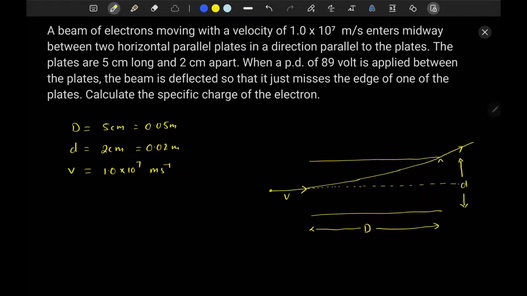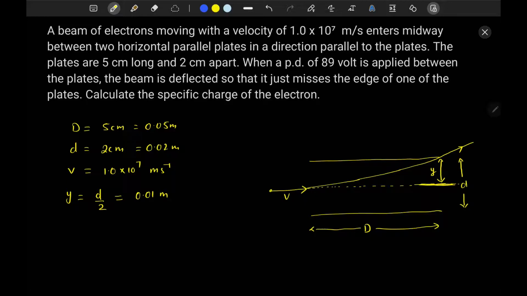So the deflection for the electron will be given by y is equal to d by 2, because the electron enters midway and emerges through the corner. So the deflection will be half of the separation between the two plates. This value is 0.01 meter.